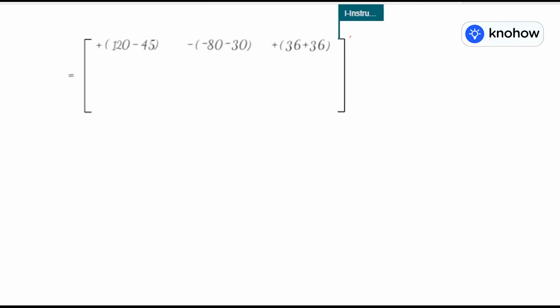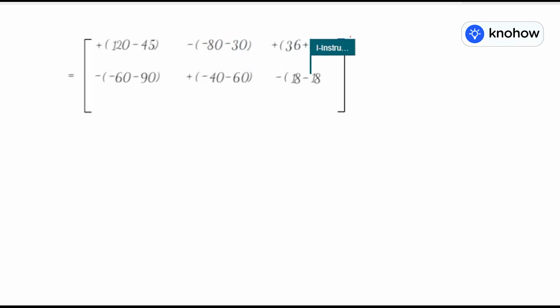Likewise, you work out the other elements: minus times minus 60 minus 90, then plus times minus 40 minus 60, and minus times 18 minus 18.